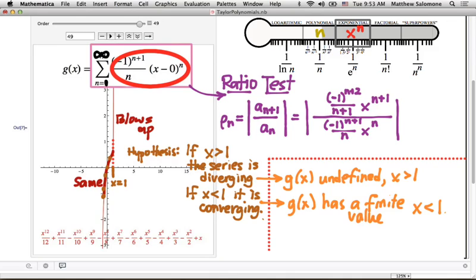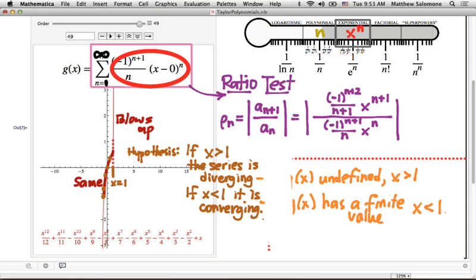So the first point is, when we apply the ratio test to assess the convergence of a power series, that x, which is part of our building block, comes along for the ride. So we're just going to include the x in our ratio calculations, because x at this point is a variable. We don't know what its value is. But the requirement that we want this series to converge will define for us what values x may have at the end. To get there, though, we need to simplify.